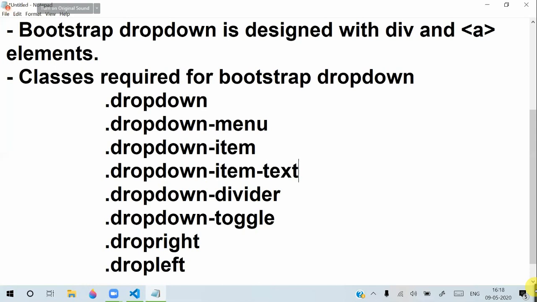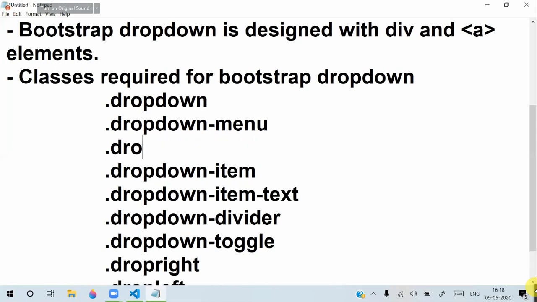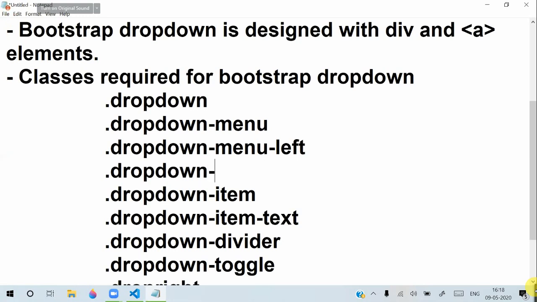Of course, we also have menu alignment for drop downs. Menu alignment means we can give dropdown-menu-right, dropdown-menu-left, like options we can define, right? So we can use dropdown menu left, and we can use dropdown menu right.